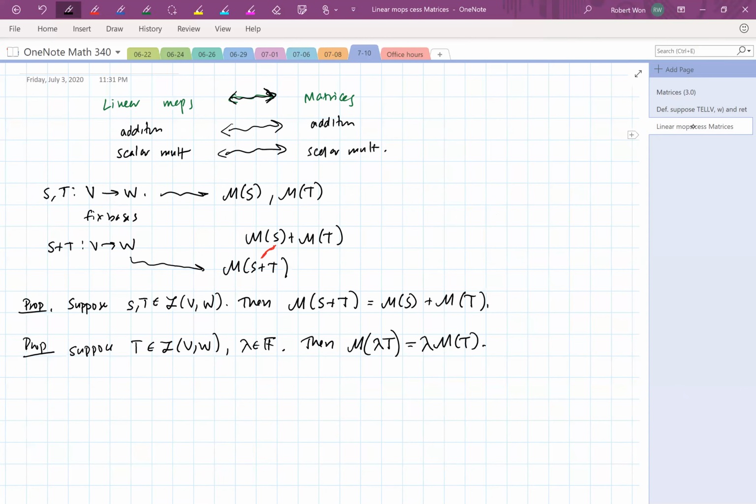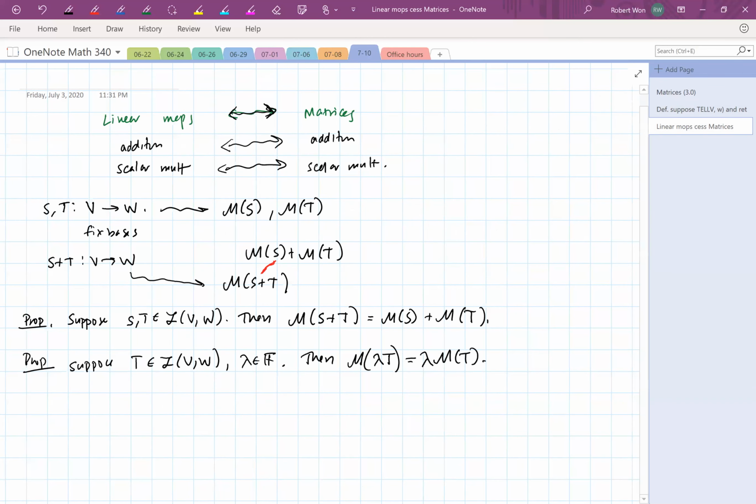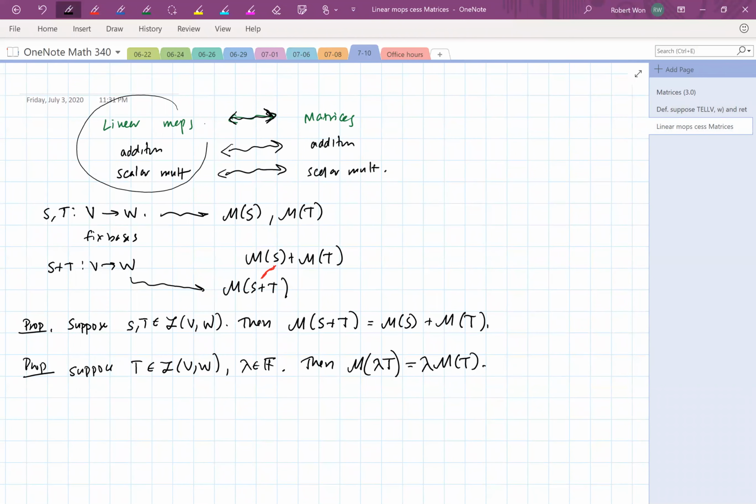Another thing that we saw was that the set of linear maps formed a vector space. I said it's not obvious, but it can be checked that this set, which has an addition and a scalar multiplication, also has the structure of a vector space.